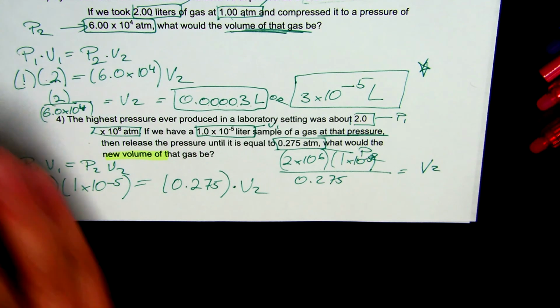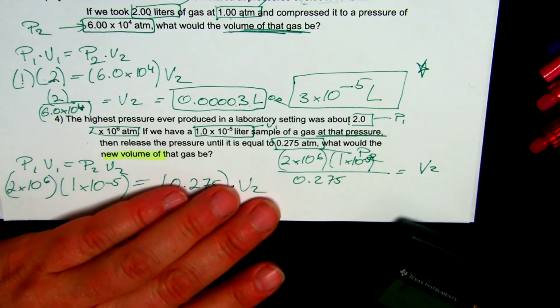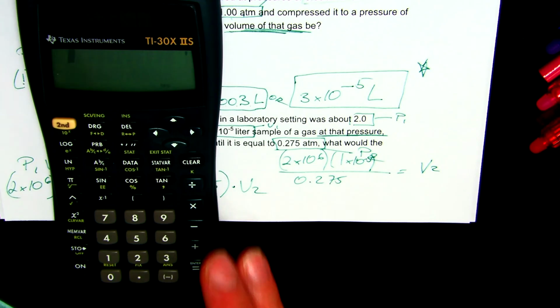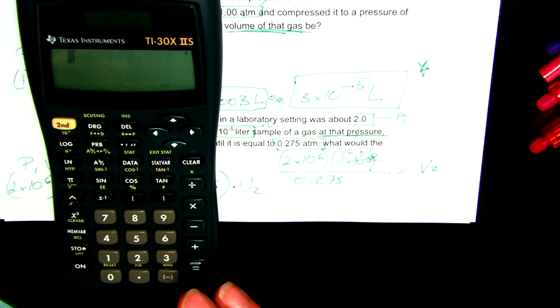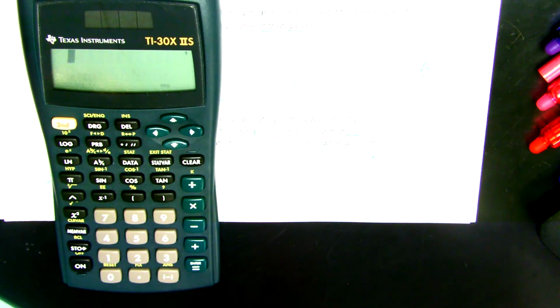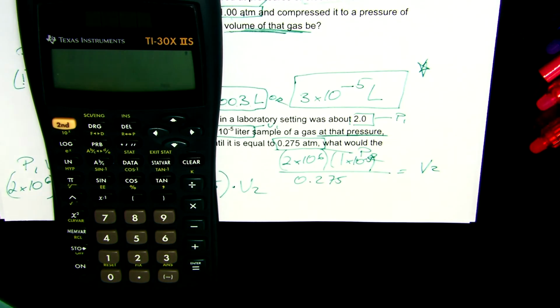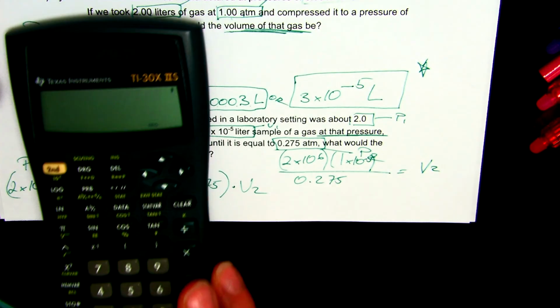Let's see what that is. The hardest thing about this is putting it into your calculator. Let me make it just a little brighter. But if I make it brighter, then you can't see that. How about you guys plug this one in?